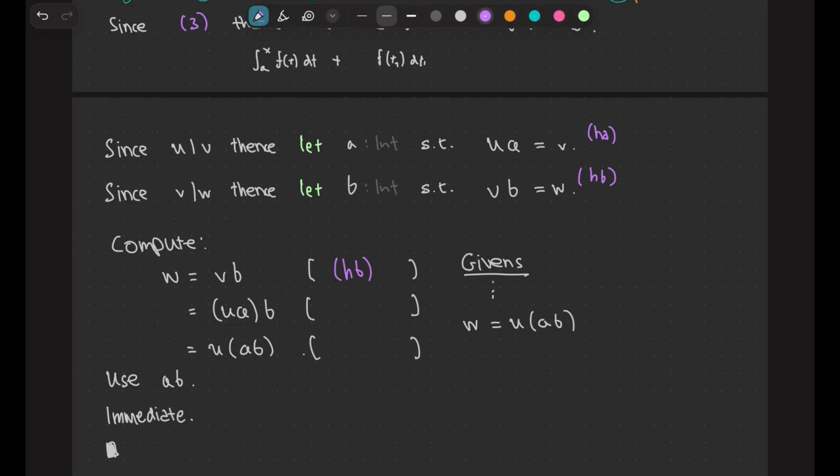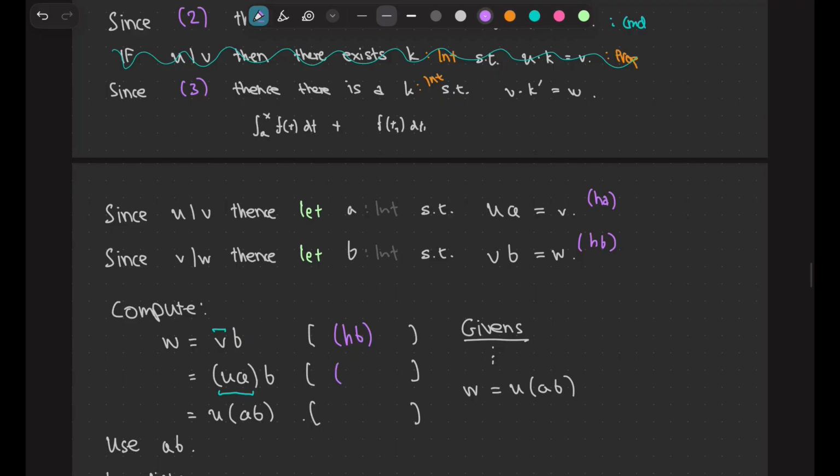And if I look closely, I observe that actually what I'm substituting is V with this. So essentially I need to justify why V is equal to UA, and somebody can tell me the name of this? HA, thank you. And the last thing, if I look closely again, it's not like I'm substituting a simple part with another part.